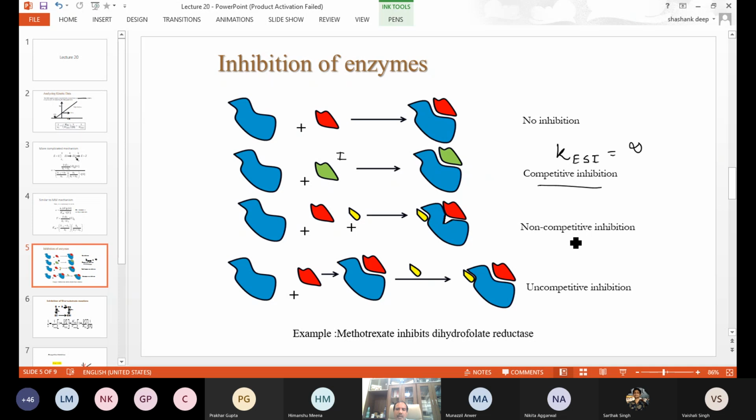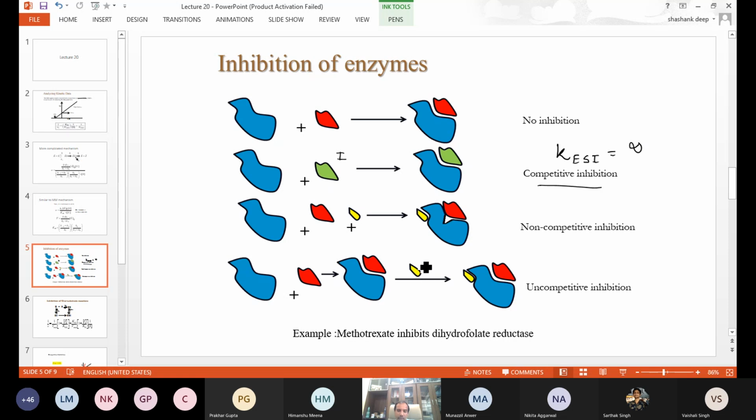In non-competitive inhibition, both can exist. EI can exist, ES can exist, and ESI can exist. All three can exist. So that is non-competitive inhibition. Now, the third case, uncompetitive. The inhibitor only binds when there is a substrate bound to the enzyme.